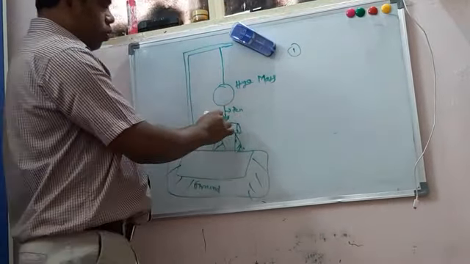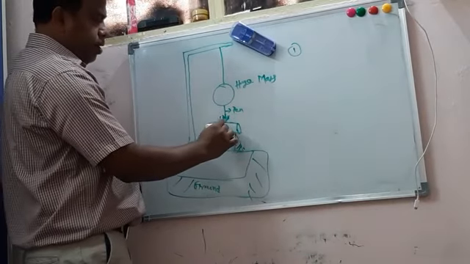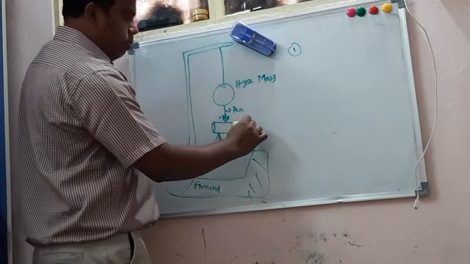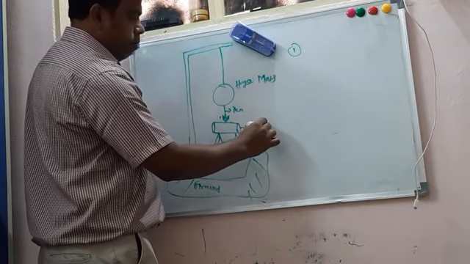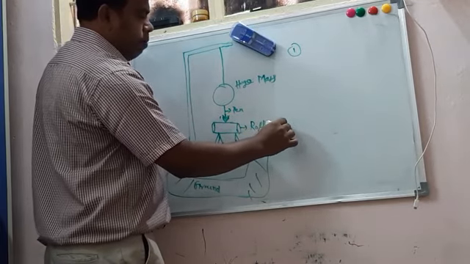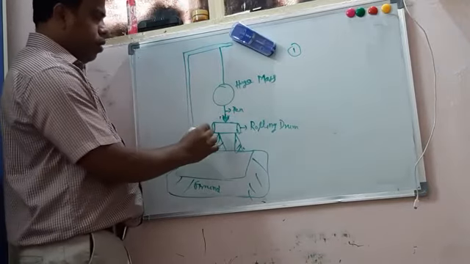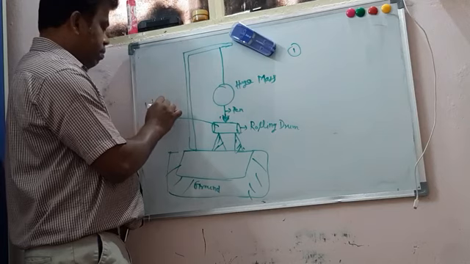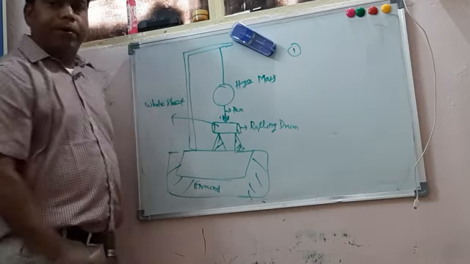the pen will draw on some white paper that will be there on the rolling drum. So this is the rolling drum, and there will be a white sheet, white paper.